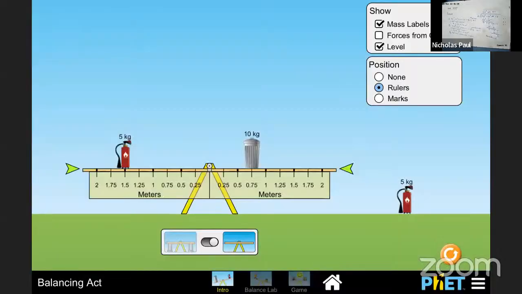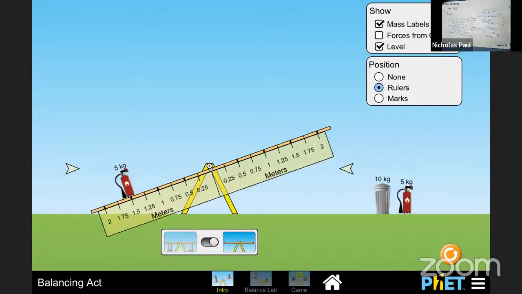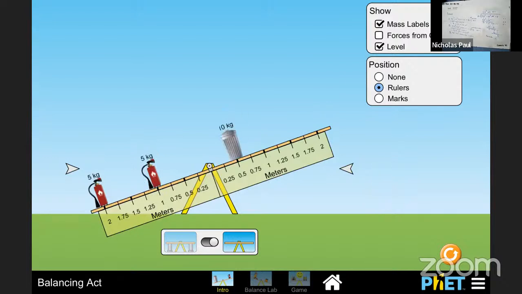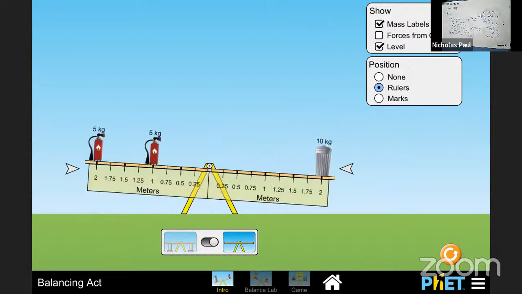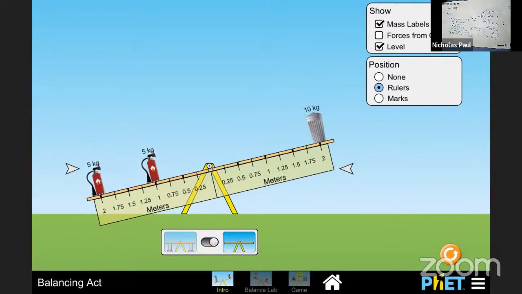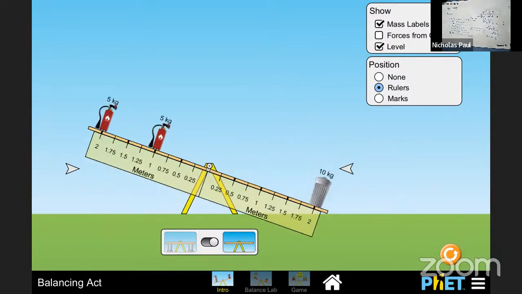All right, let's go again. I don't want the numbers to be too bad, right? But here's what I'm doing. I do not know where to put the trash can.